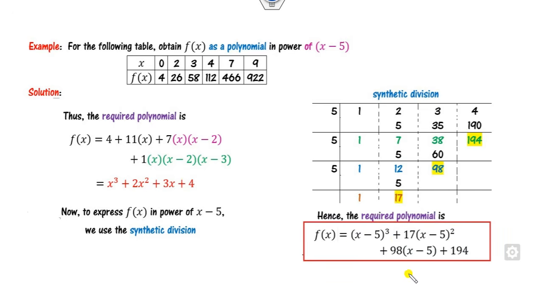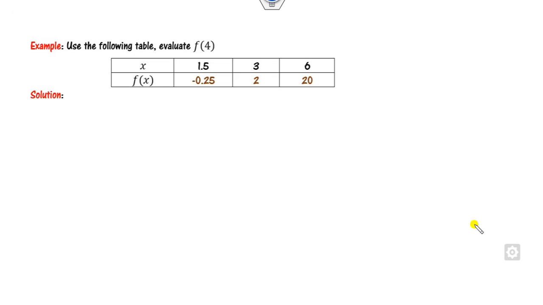This is the required polynomial in terms of x minus 5. Otherwise, whatever expression is given to you, somebody may ask you to find it in terms of 2x plus 7. What can you do? X will be minus 7 by 2. So instead of this, you can write minus 7 by 2 and so on. So that's the simplest way you can solve.